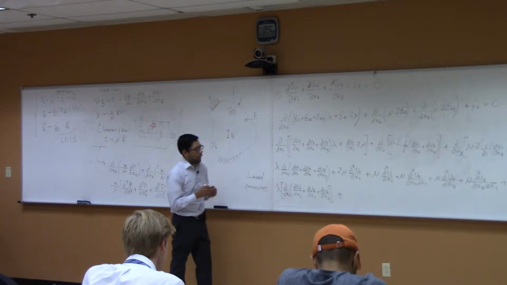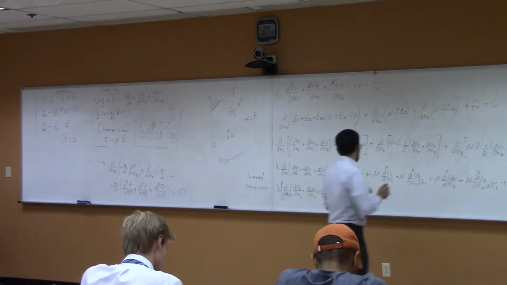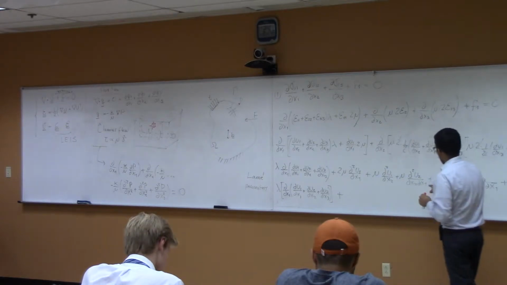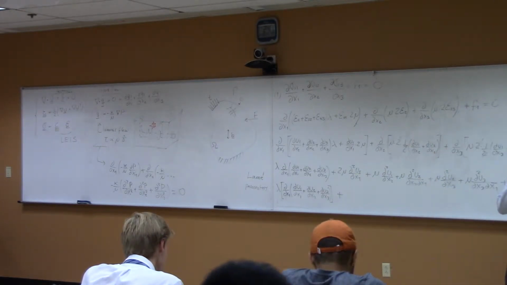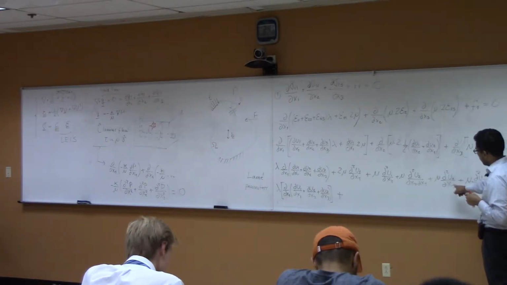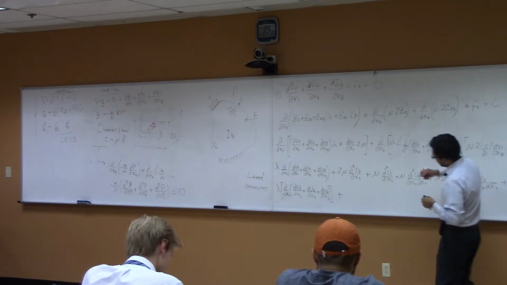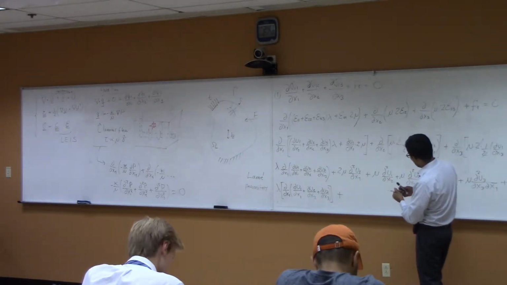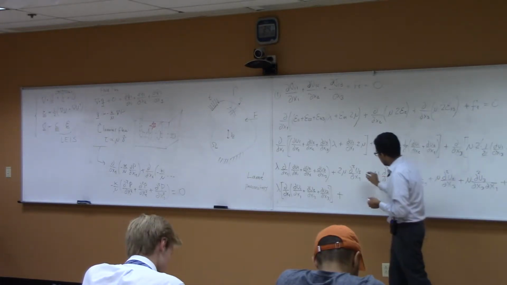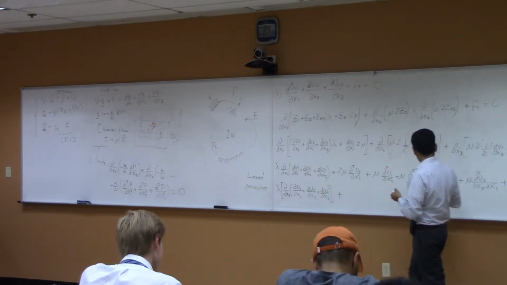Okay, now what I like to do is I like to group some of these guys according to what they have in the numerator and denominator. So you see that this one, you guys didn't tell me I was missing this one over here.